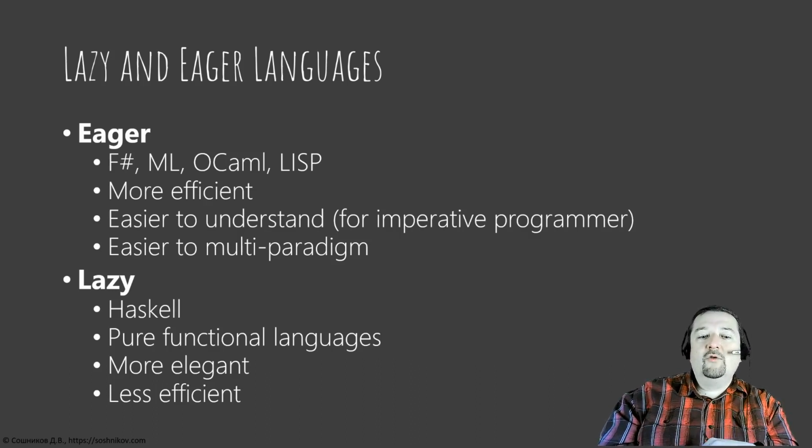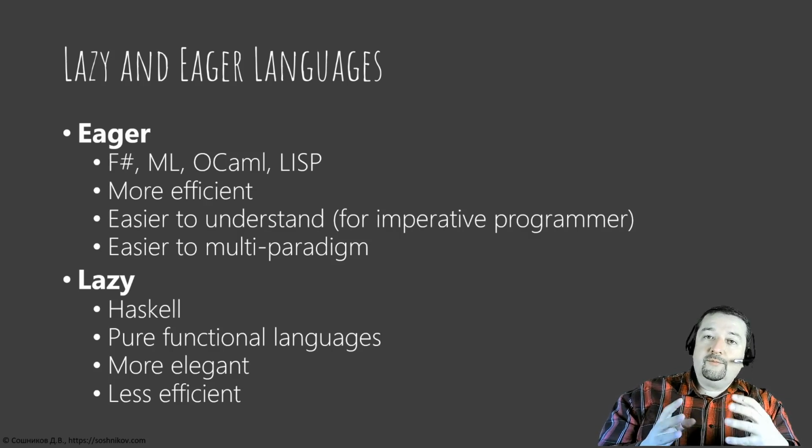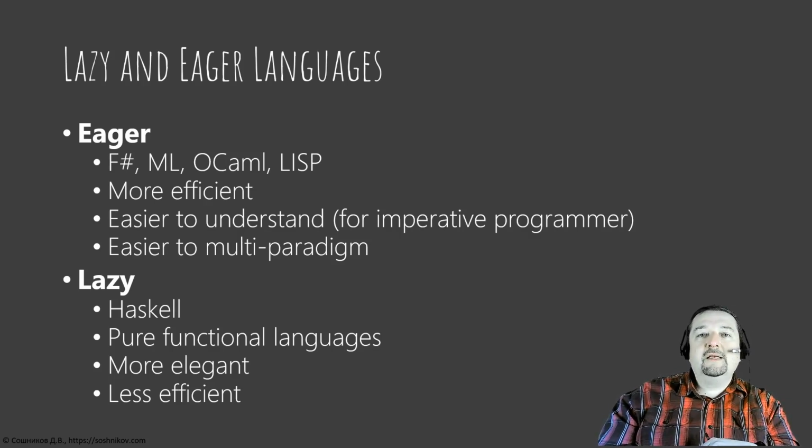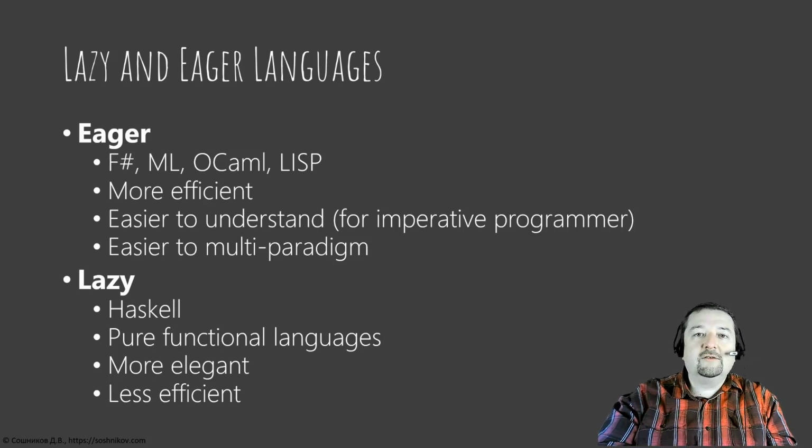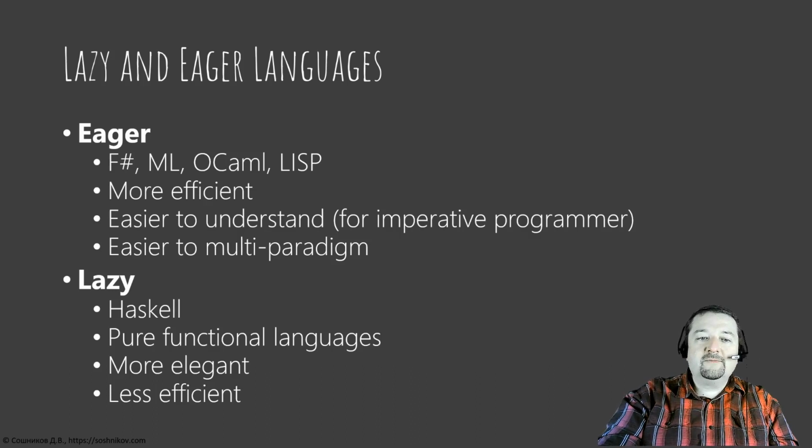In many ways it's more elegant, but less efficient and less interoperable. We will talk more about Haskell and lazy computations at some point in the future as well, so that you have the taste of different families of functional programming languages. But for now, we will stick with F# and with eager computations.